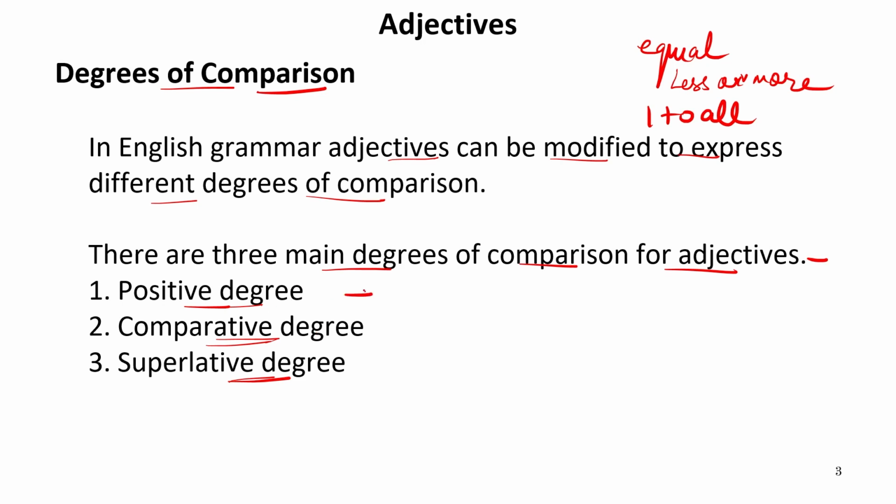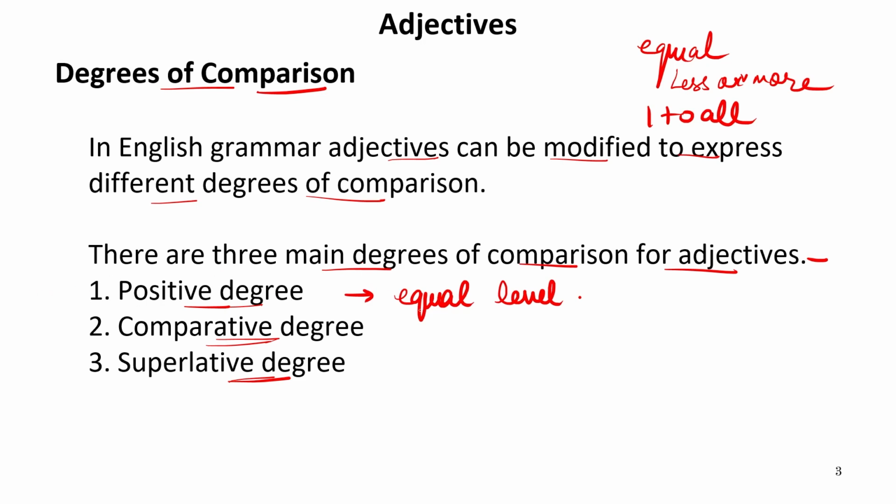Now, in positive degree, we compare on equal level. Suppose if I say that A is just as B, so this is equal level. So when I compare the two persons or two things on equal level, for example, if I say A is as good as B, it means A is good like B. So we are comparing two persons on the equal level, that they both are good at the same level.